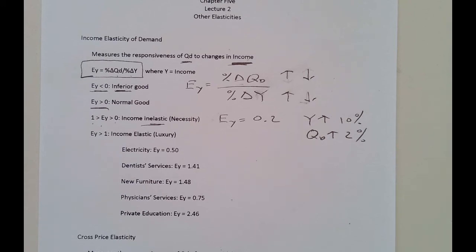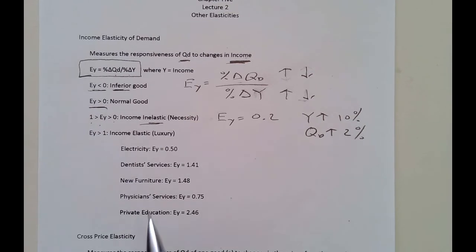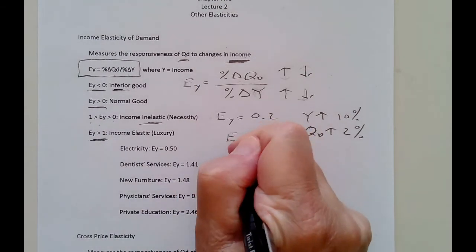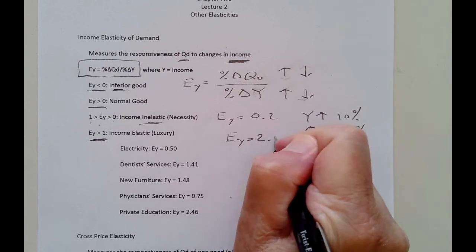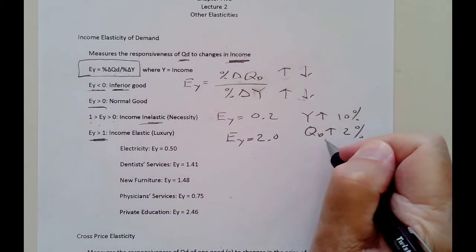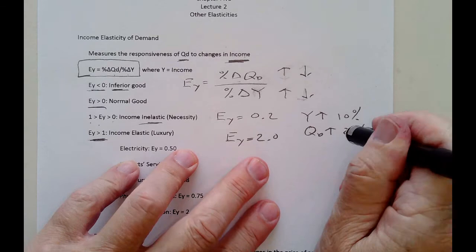In a recession, you might expect to sell less toothpaste, but really how much less are you going to sell? People still need toothpaste. So in a recession, what they tend to cut back on are not necessities, but more your luxuries. And your luxuries have a number that's over 1. And so that'll be a number, maybe go to 2. So now if income goes up by 10%, we don't increase our sales by just 2%, we increase it by 20%.